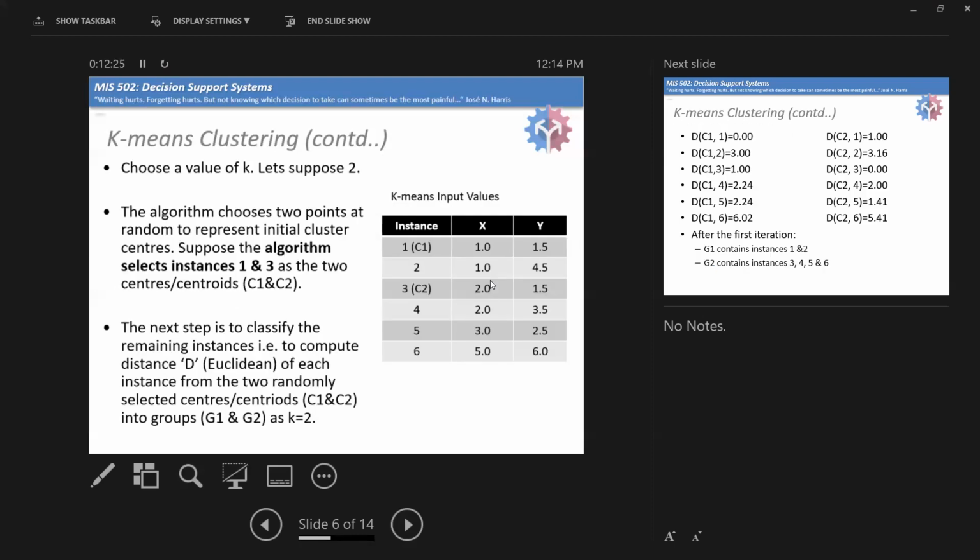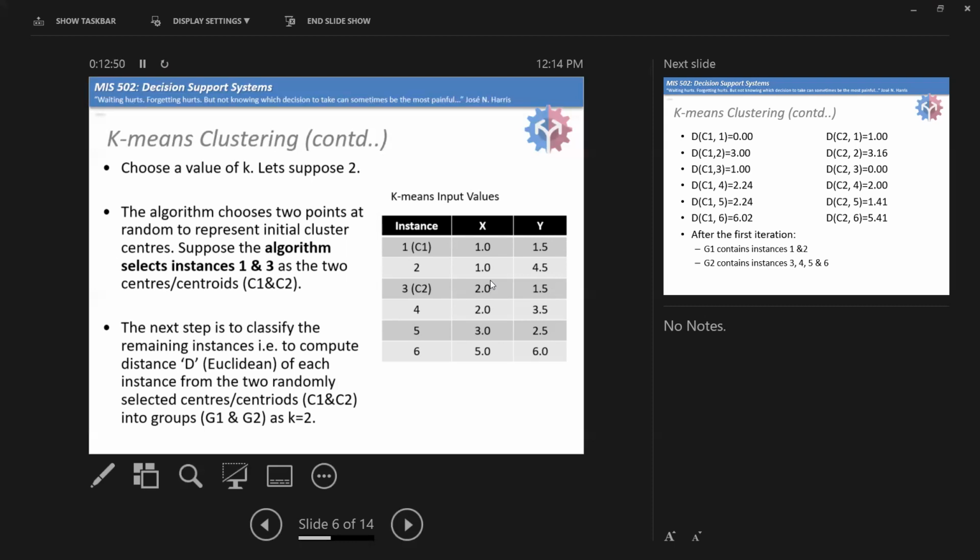Who can help me find the distance between 1 and 2? Let's try to do it here. Would we like to use Euclidean distance or Manhattan? We'll be using Euclidean distance. So what should I write here? What is the x for 1? What is the x for 2? 1. I have to do square, right?